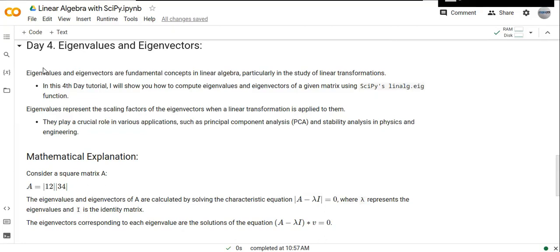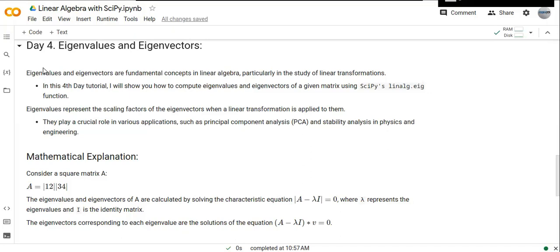In this tutorial, I will show you how to compute eigenvalues and eigenvectors of a given matrix using the SciPy library. Eigenvalues and eigenvectors are two fundamental concepts in linear algebra, particularly in the study of linear transformations. Eigenvalues represent the scaling factors of eigenvectors when a linear transformation is applied to them.